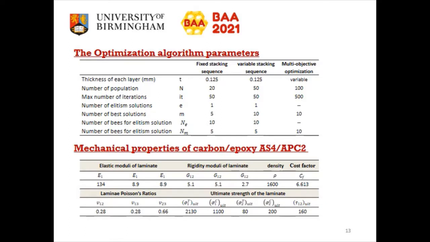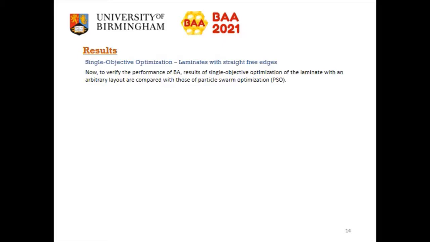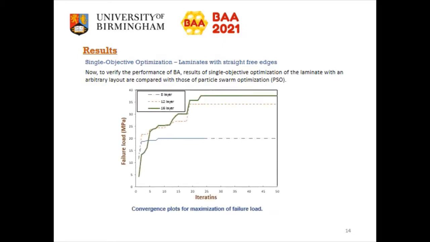The optimization algorithm parameters such as number of population, number of iterations, and so on are shown here. First, the single objective optimization of composite laminates is considered.